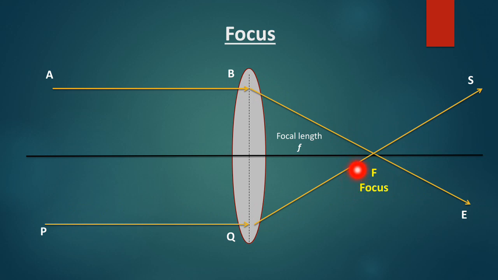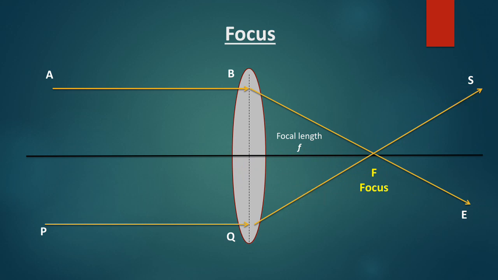Now this focus is a special point, and the distance of this focus point from the lens is taken as the focal length. And for the convex lens, the focus point is here always. Now if we recall the principle of reversibility, if the ray is reversed, it will take the same path.